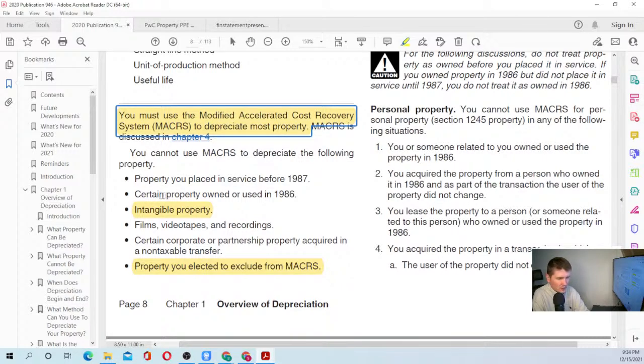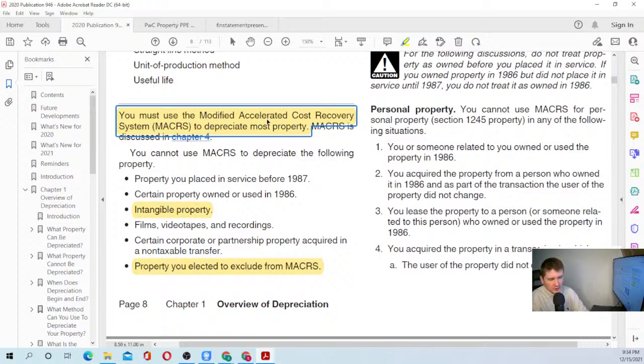Some exceptions are old property from 1986 and 1987, intangible property, and films, like entertainment property, and some elections to exclude property from that system.